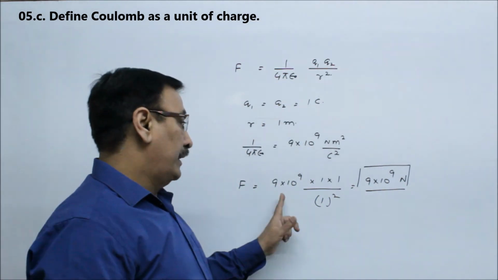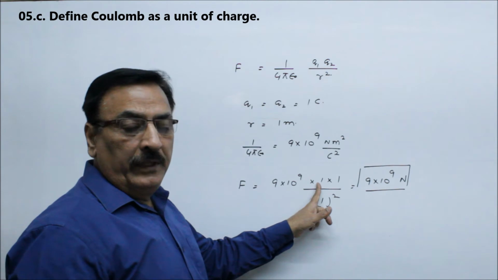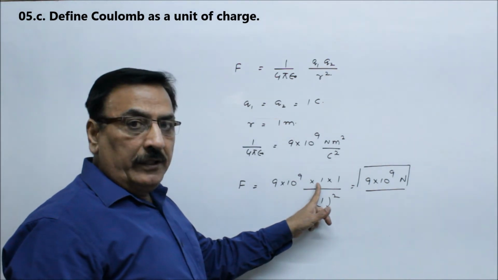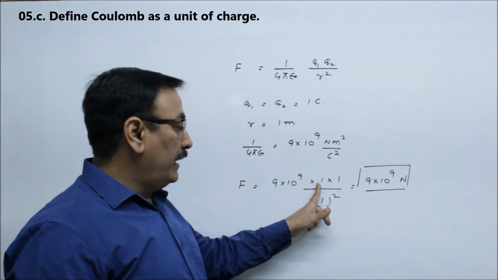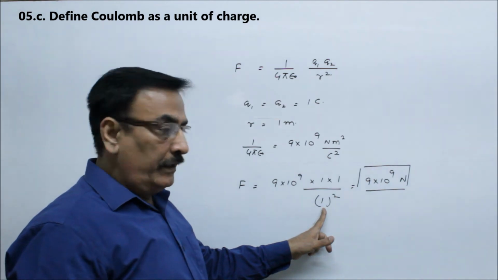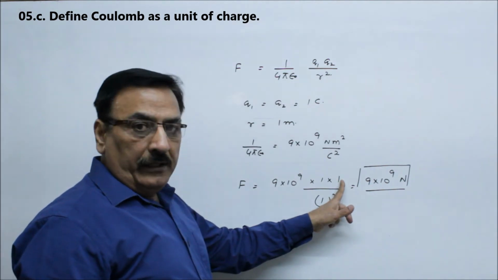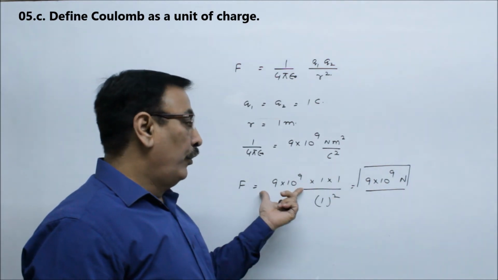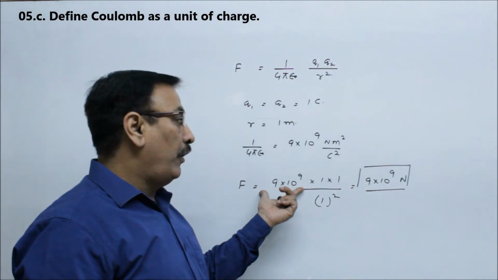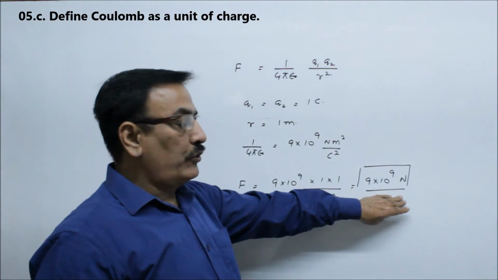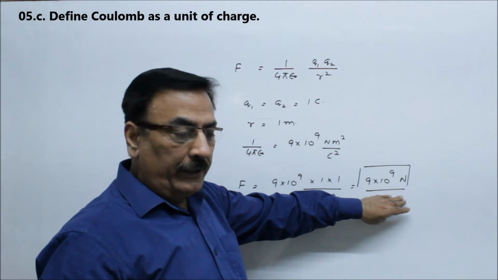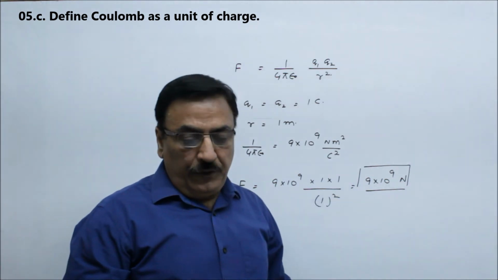I repeat once again, 1 coulomb is that charge which when placed at a distance of 1 meter from an identical charge in vacuum exerts on each other a force of 9 into 10 raised to the power 9 newton.